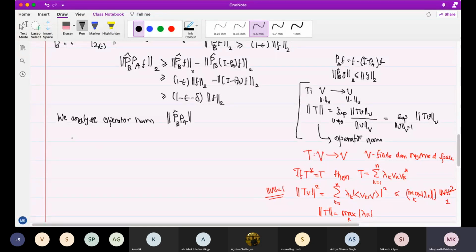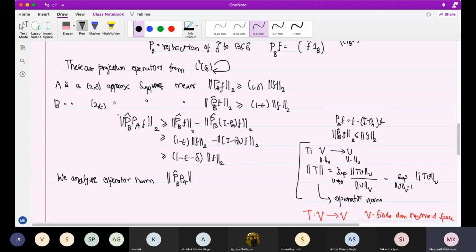Okay, if not, let me come back here. What we have done on this side is we have shown that the norm of P_B hat P_A f is at least 1 minus epsilon minus delta times norm f. Now we want to get an upper bound for this. We say that this is bounded by the Frobenius norm, which we will actually find exactly.